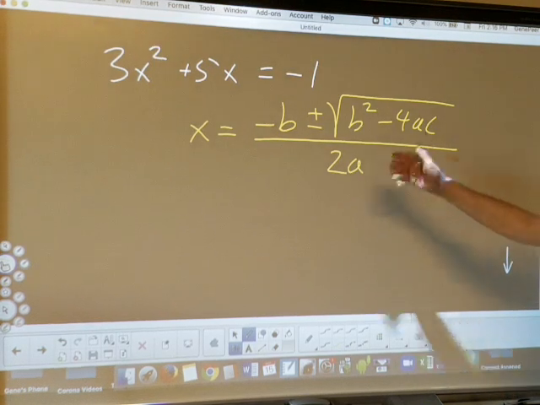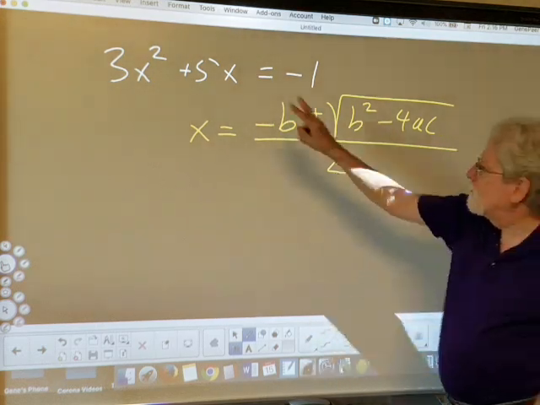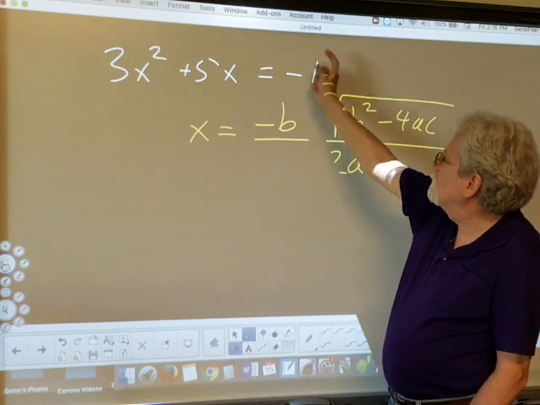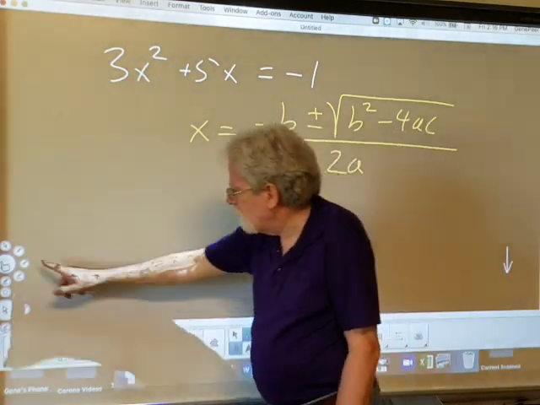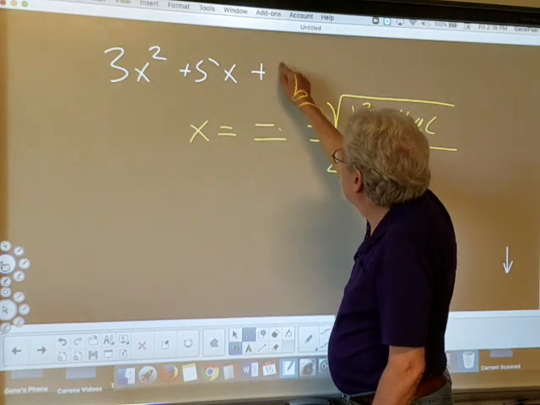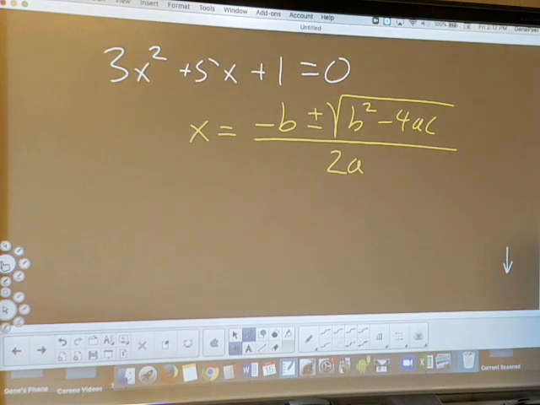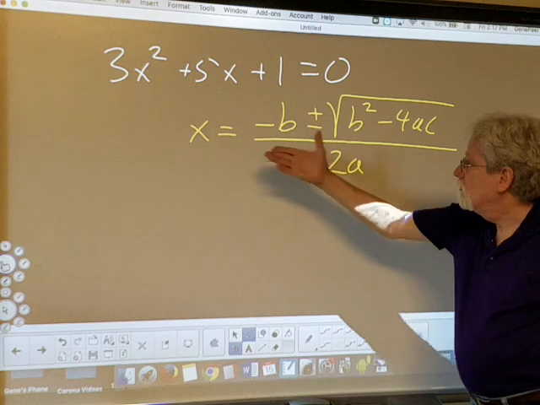All right, so we're going to use the quadratic formula, but first, you can't use the quadratic formula until this thing is in standard form. So we need to get that -1 to the other side. So we're going to add 1 to both sides. Adding 1 to the other side, we have +1 equals 0. Okay, don't get messed up on that little detail. You have to have the whole thing equal to 0 before you start.